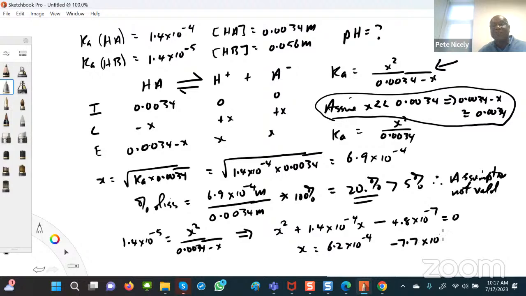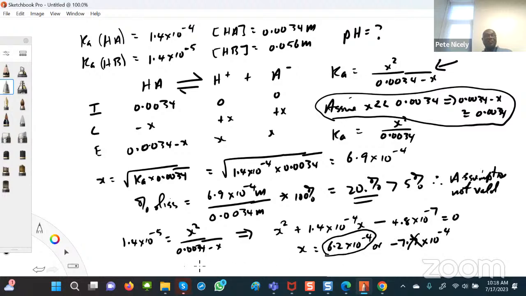Of these two, which one would you choose as the actual value for x? The positive one, 6.2 times 10 to the minus 4, exactly. You ignore the other one because you cannot have a negative concentration.